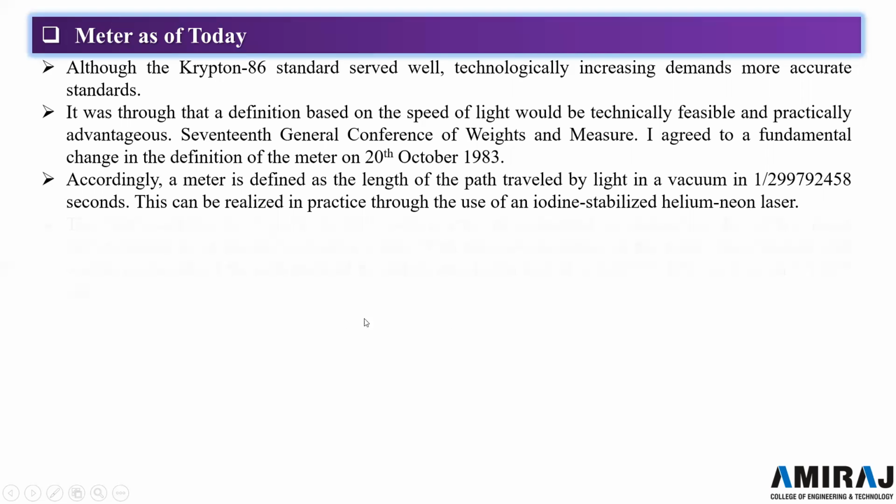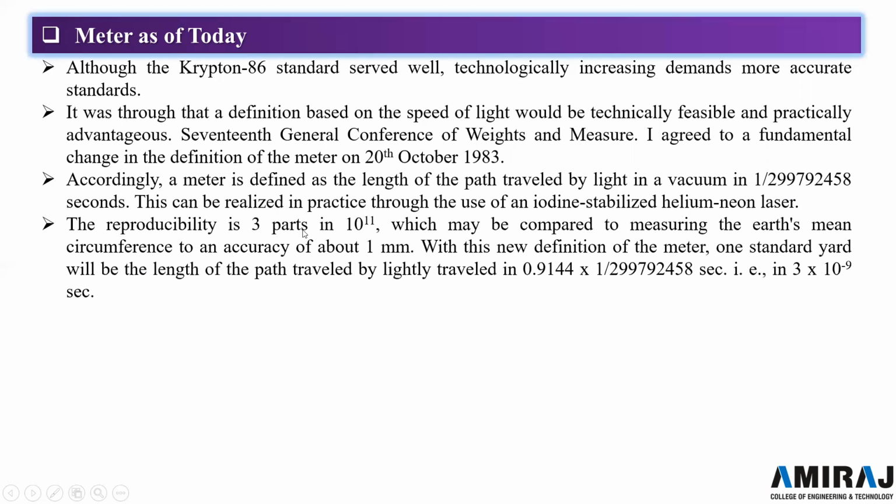Now the reproducibility is 3 parts in 10^11. So you can see it is highly reliable, which may be compared to measuring the Earth's mean circumference to an accuracy of about 1 mm, which means if we measure the Earth's circumference, there will be an error of only 1 mm.